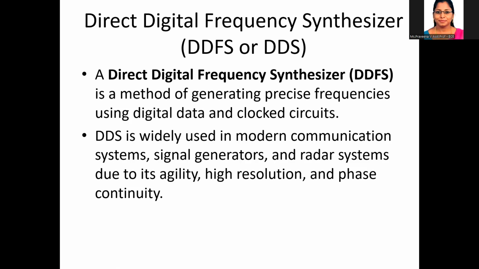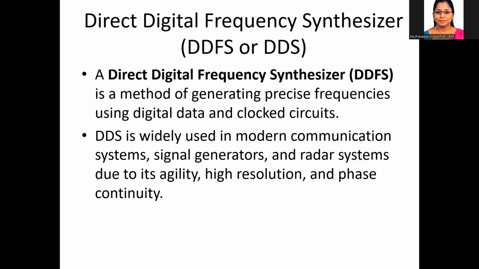These digital phase values will be converted into amplitude values using a lookup table, typically containing sine wave samples. Then, what is the use of the DAC? It is a digital to analog converter. It will convert the digital data into analog form and produce the desired output signal.